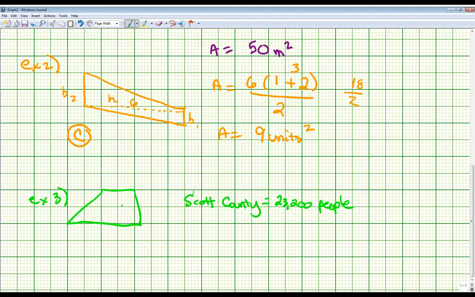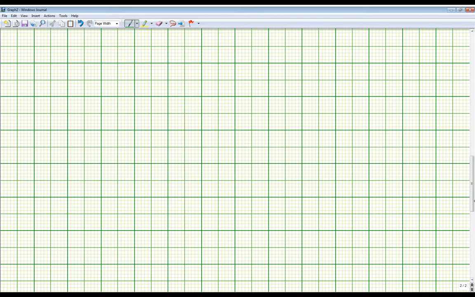Okay, some labels they give us. The top base is 15 miles, and the bottom is 38 miles. And then they tell us the height of our trapezoid is 20 miles. So the first thing we'll want to do is find the area of our trapezoid.